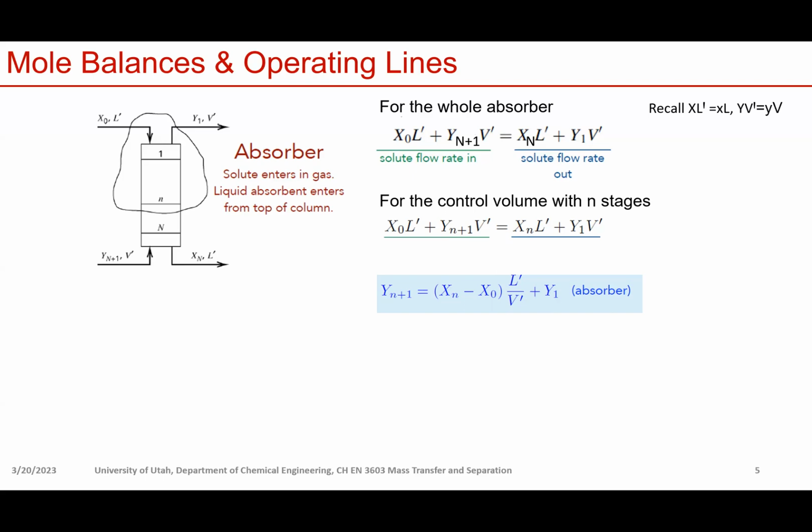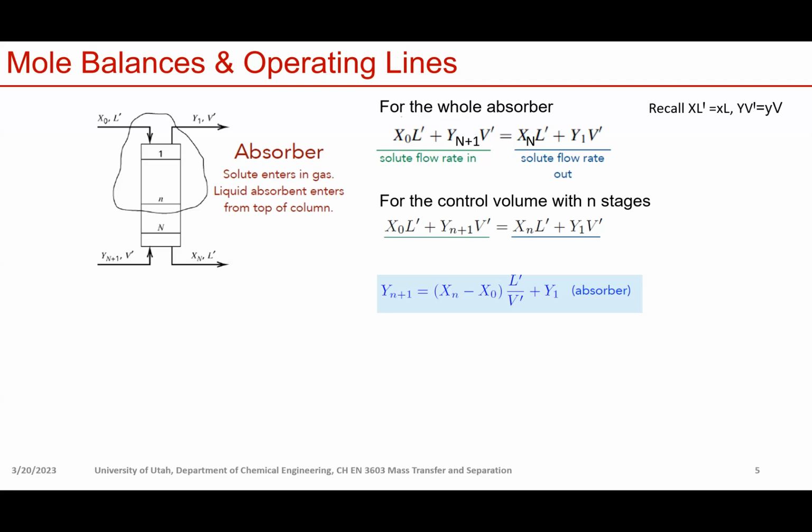This is not very difficult. Because you have L prime on both left and right hand side, and V prime on both left and right, the first thing we do is sum all the terms with L prime together and V prime together.